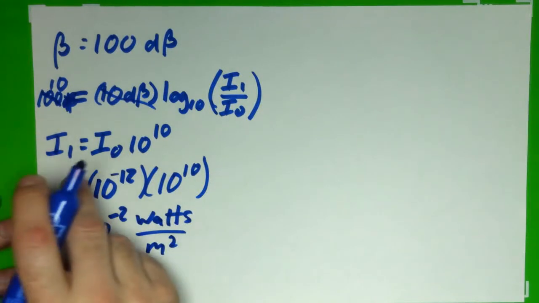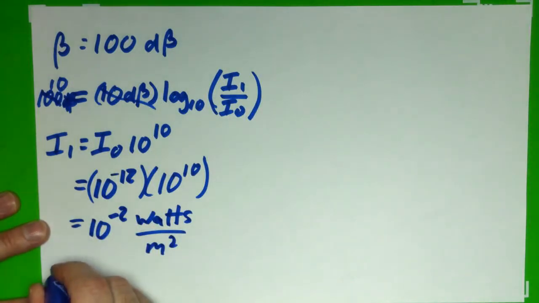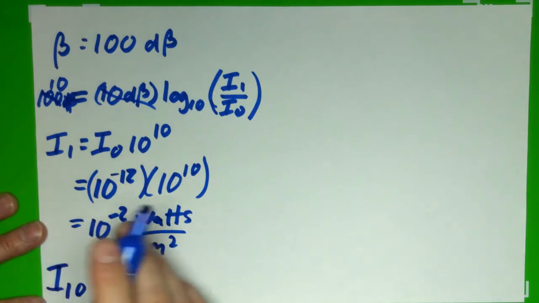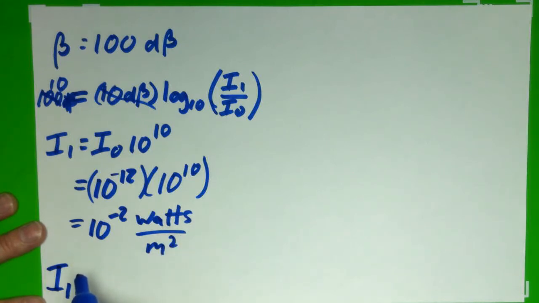Now that I have the actual watts per meter squared, the intensity, I can ask, what is I10? Because I'm not changing how it's being measured, I'm still 2 meters away, and I'm just changing how many sources there are. I've multiplied the source by 10. That means the intensity is just 10 times greater.